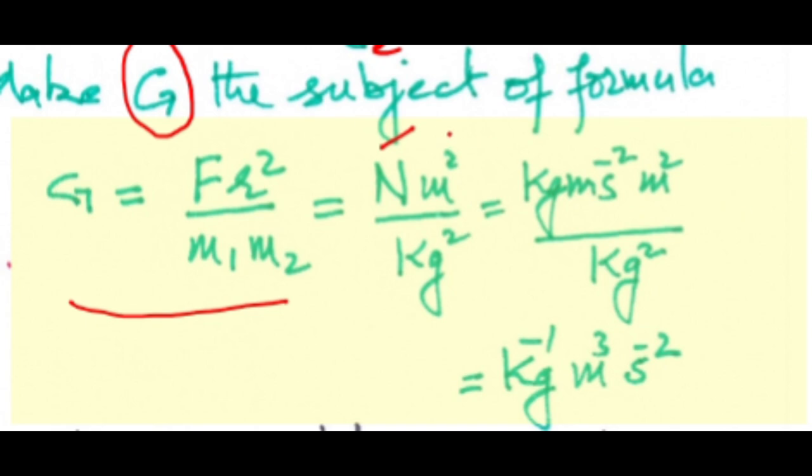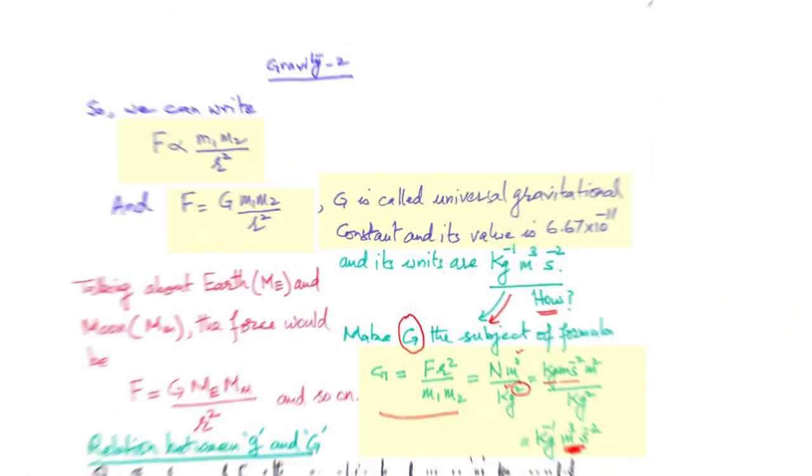The unit of F is Newton and r square is going to be meter square, and m1 and m2 are kgs, so multiplied they will give us kg square. Newton is kg meter per second square. So when we simplify that, we get per kg meter cube per second square.